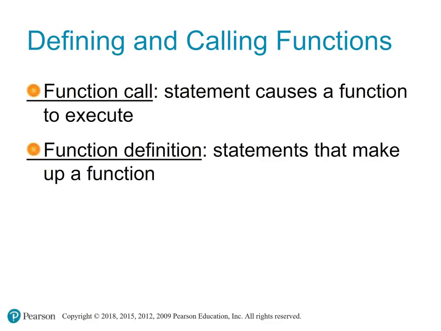The function call is the statement that triggers the function to execute. It's like telling the chef to cook the dish based on the recipe. The function call uses the blueprint provided by the function definition to perform a task.